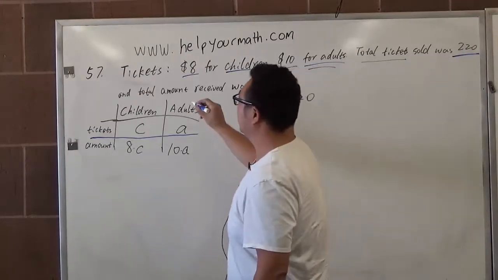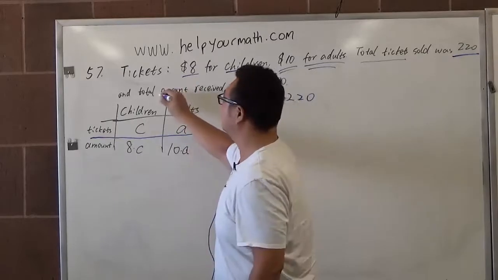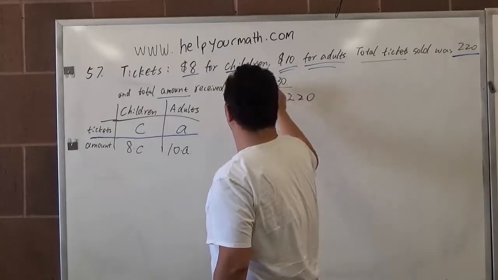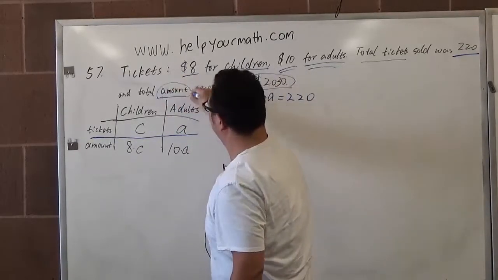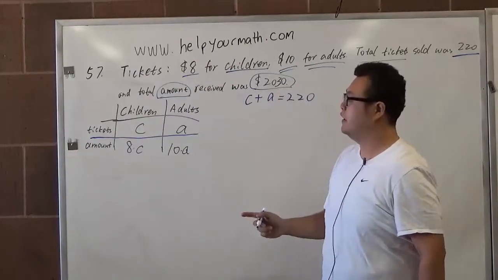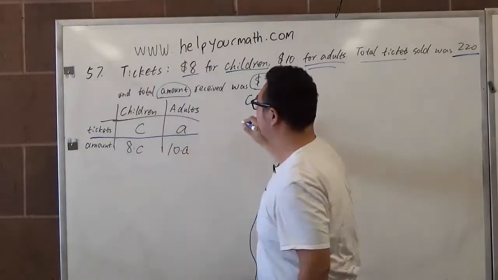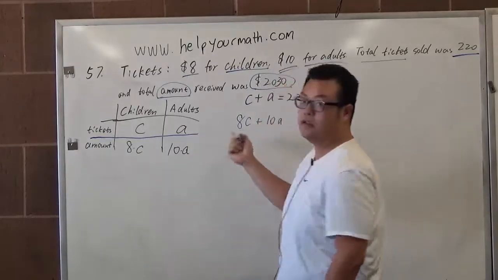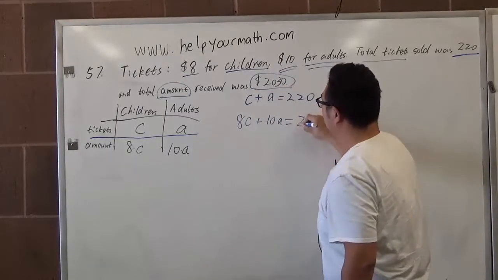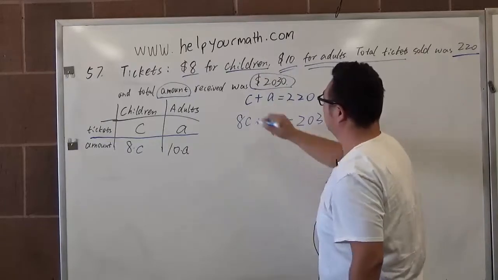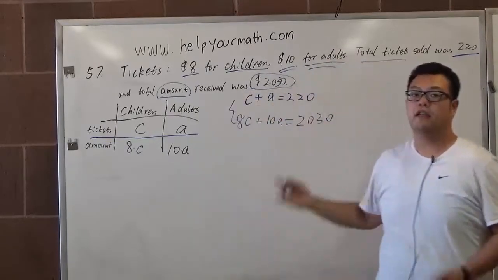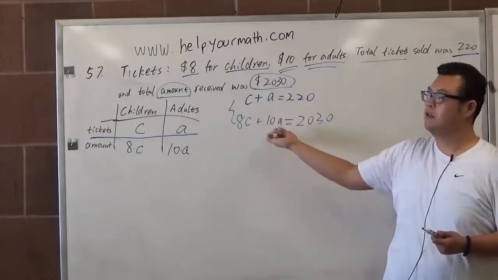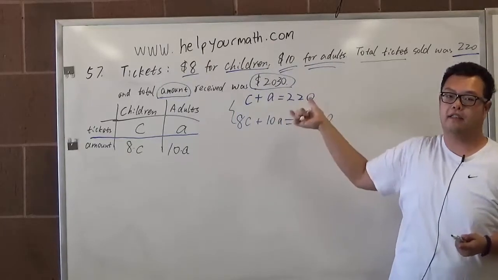And the second thing we get is the total amount received is 2,030. The amount for children plus the amount for the adults totals 2,030.